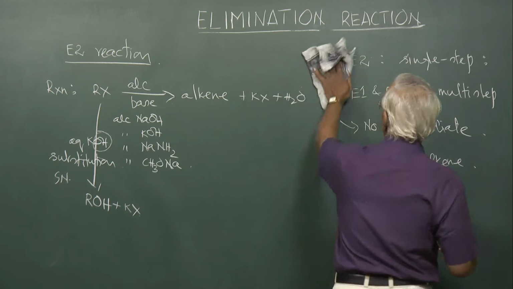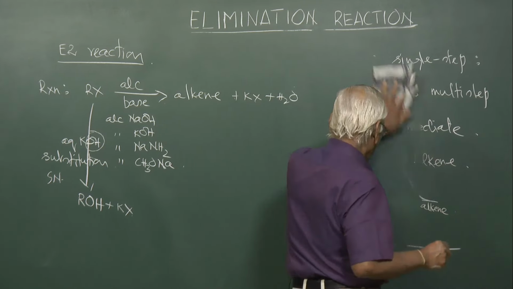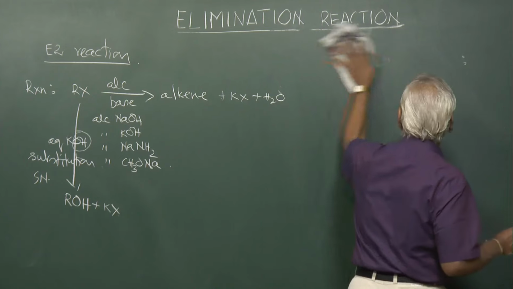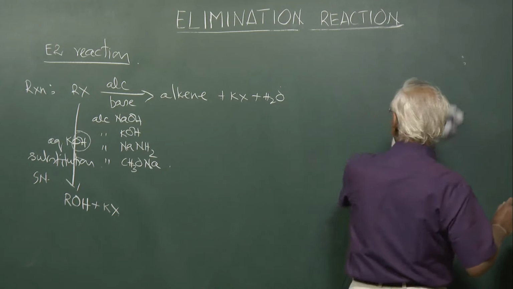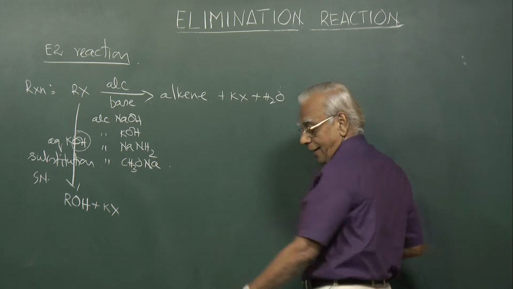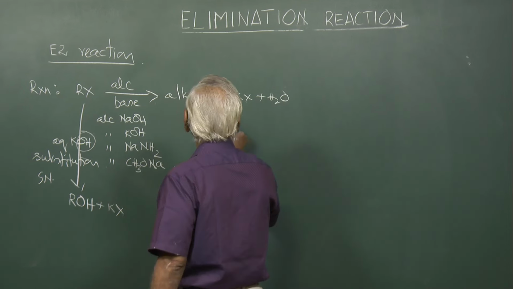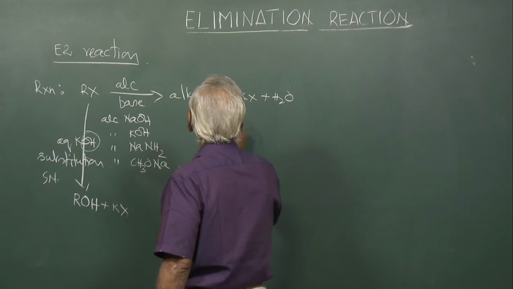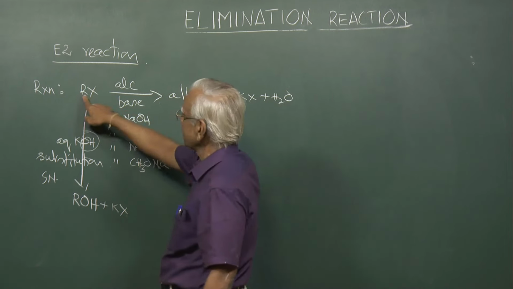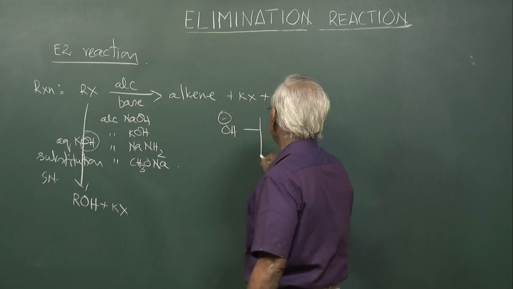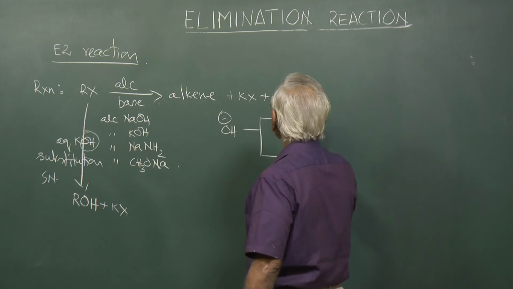Now, I have to explain to you how alcoholic KOH is used in the elimination reaction and not aqueous KOH. The OH minus ion is the reagent here. This is the substrate. I used two different solvents.